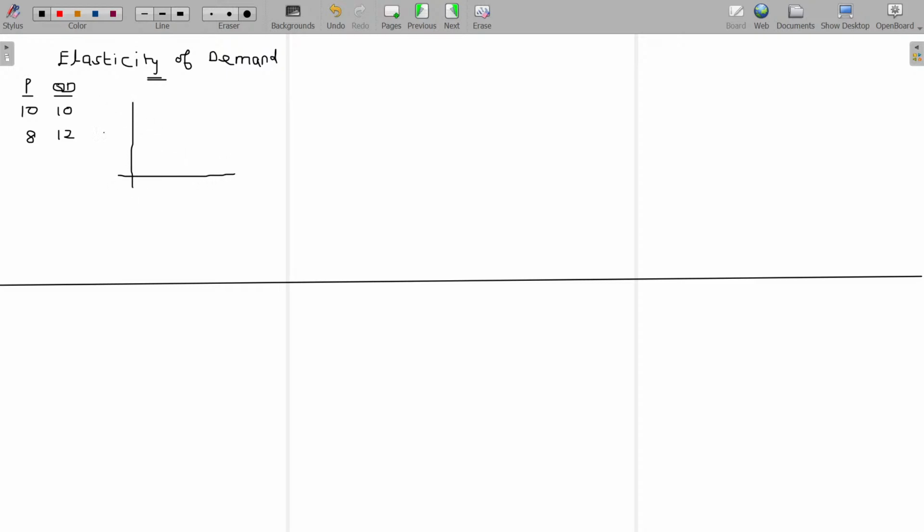This is price, this is quantity demanded. This will be 8, 10, 12. Similarly here it is 8, 10 and 12.